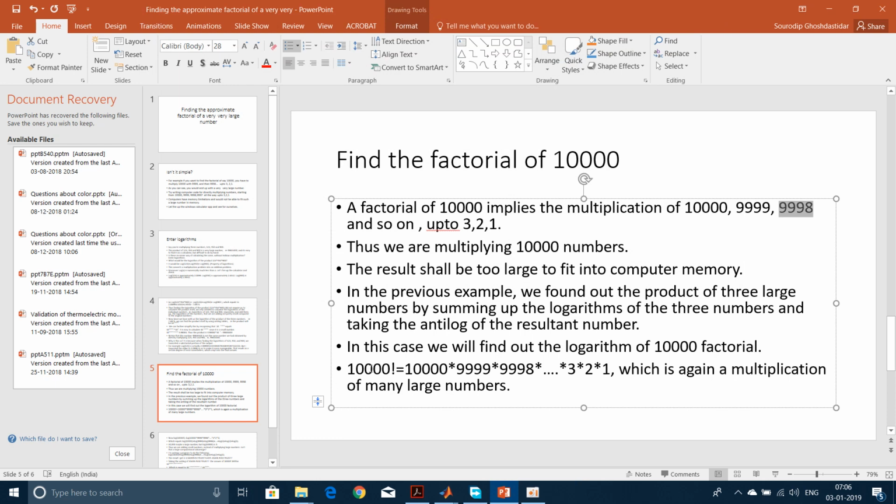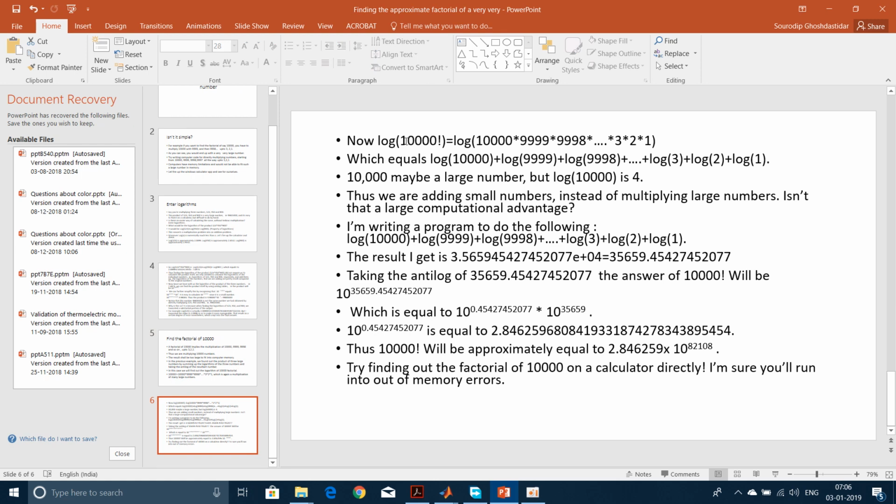So what we do is we find out the logarithm. So log of 10,000 factorial is basically equal to log of the multiplication of these numbers. So now we know the property in which the log of the product is equal to the addition of the logs of the individual numbers making up the product.